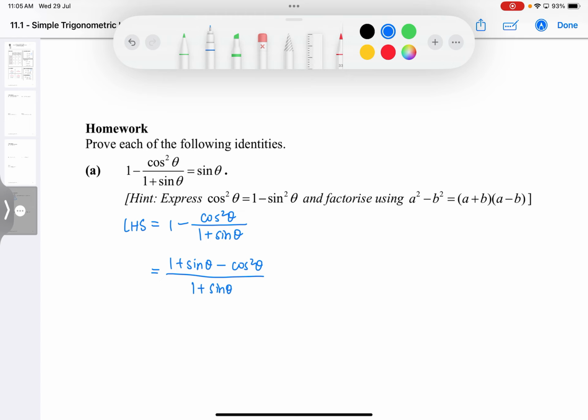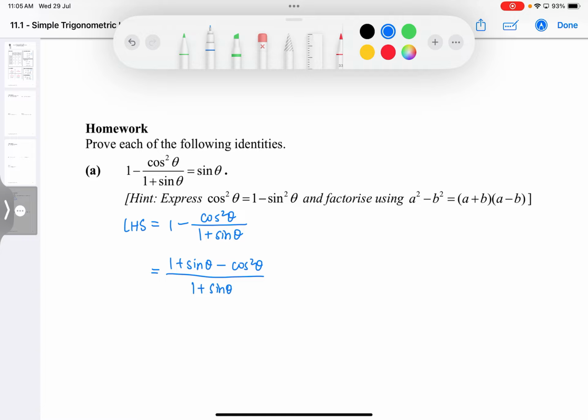Good. Okay, then from here, it might look a bit complicated, right? Like going nowhere. But remember, ultimately, I want only one sine. So what should I do to this cosine? Change, logical, right? Because I want sine, that's my end goal. So all the cosine I don't want, change.